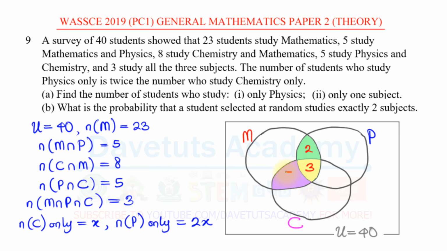This region is 5. Okay, now that is not all. Looking at the number of students that studied physics and chemistry, which was given as 5, here this is physics, and here this is chemistry. The number of students that studied both subjects was given as 5. But out of that 5, we have taken 3 out.